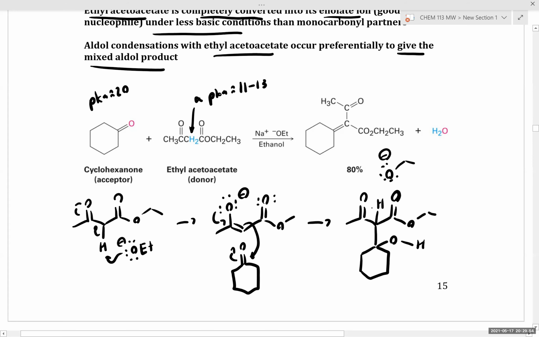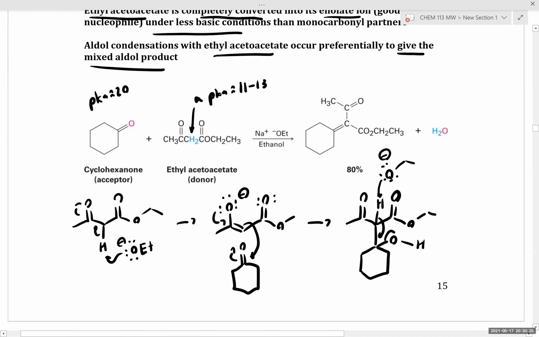If we have this alpha position, and in order to eliminate hydroxide, we need to deprotonate the alpha position, would this deprotonation step and the subsequent elimination be faster or slower when we have this ethyl acetoacetate? We have many students commenting ethyl acetoacetate is highly acidic. It's easy to pull off this alpha proton. So then, would we expect this elimination to be relatively fast or slow?